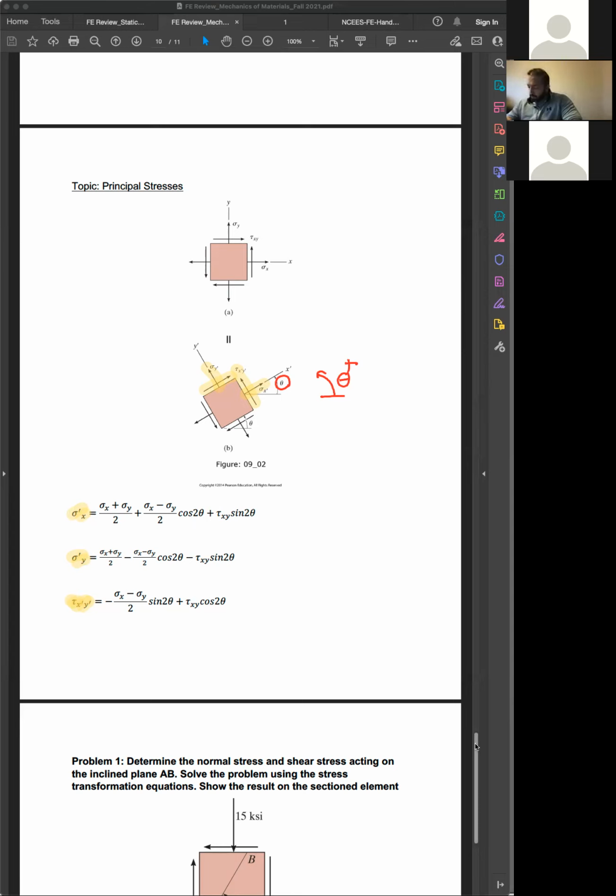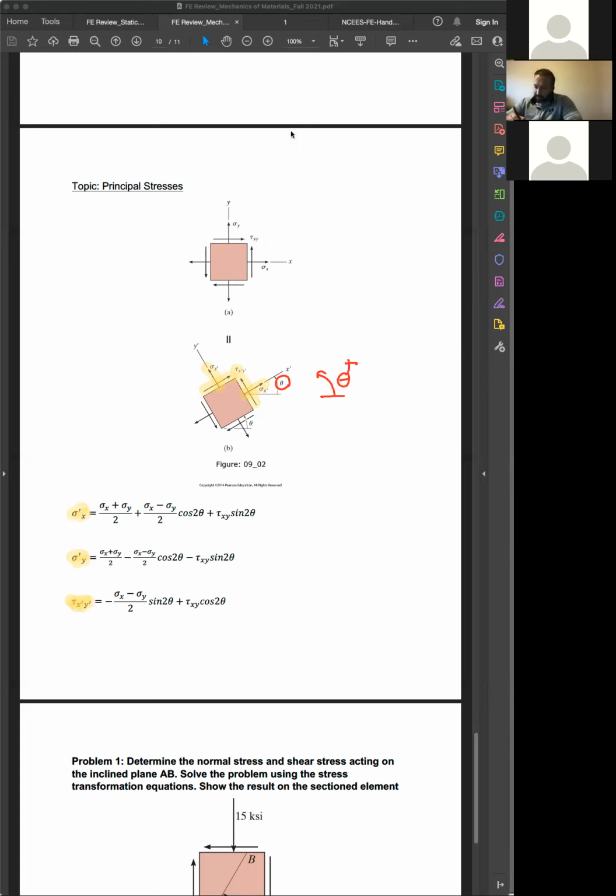So let's just plug in these formulas and find the values corresponding to the rotated stress block. We have the original system, we rotated, we want to find what would be the values.